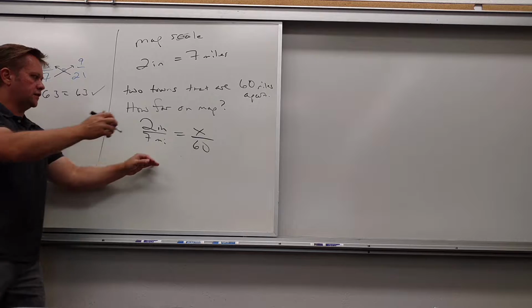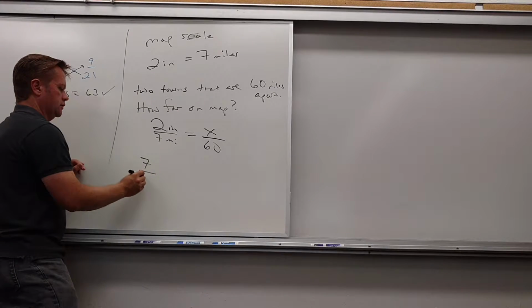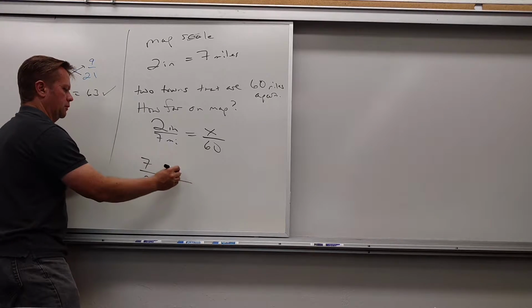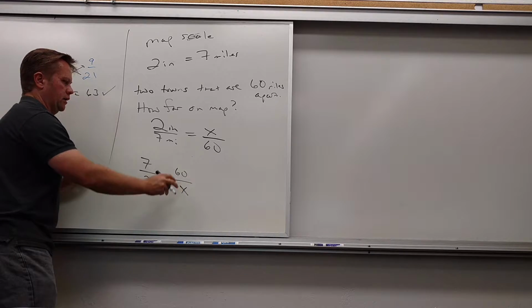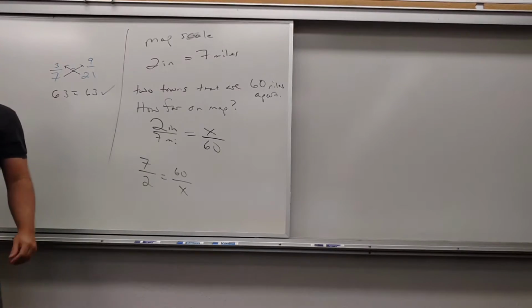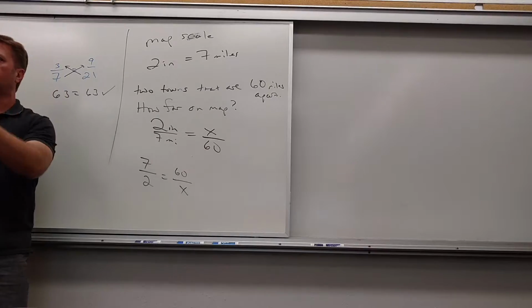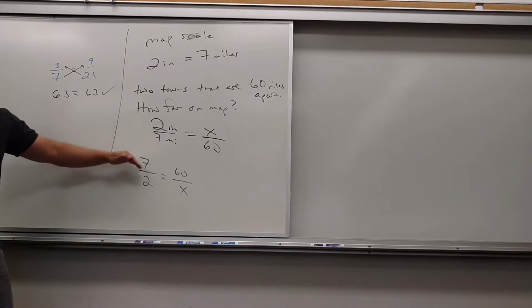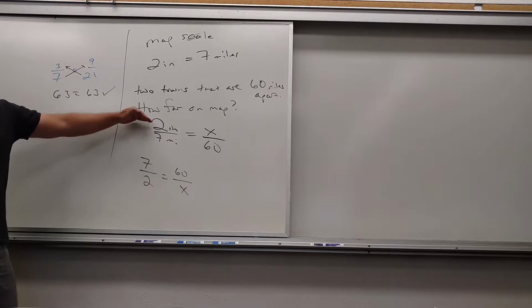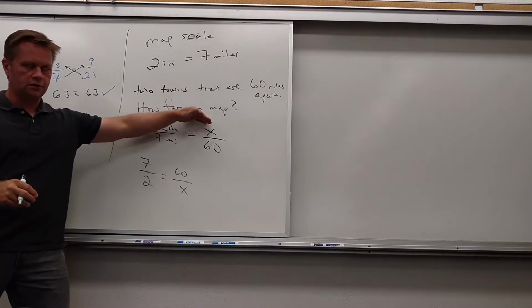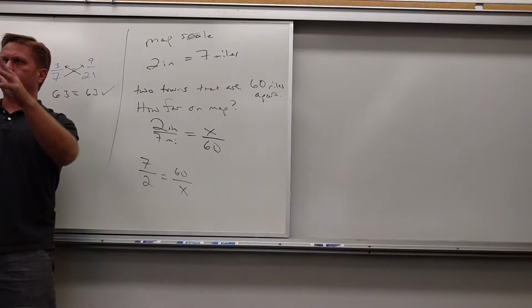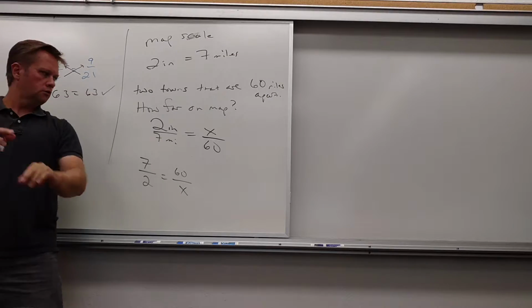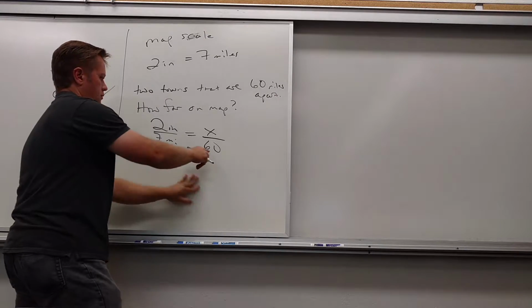You could have said 7 miles to 2 inches, but then up here would have been 60 miles and I don't know how many inches. Those are the same things. When you cross multiply, you get the exact same equation. As long as it's inches on top, miles on the bottom, or vice versa consistently, it must work.